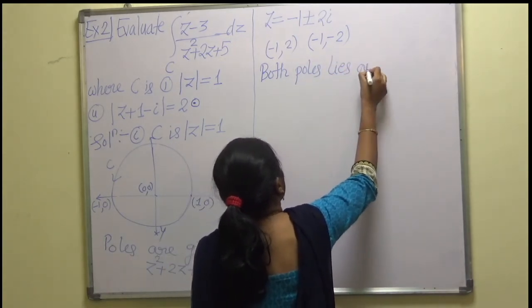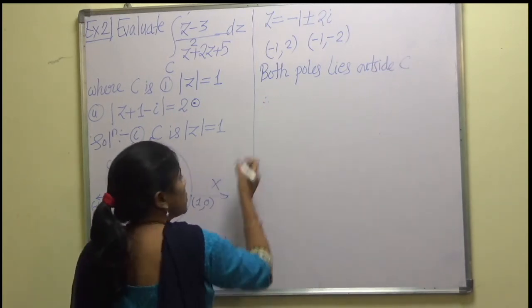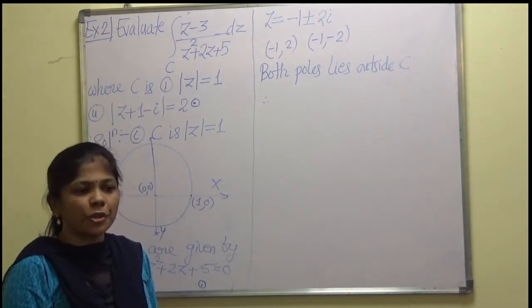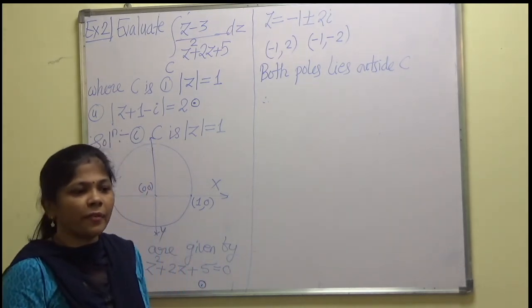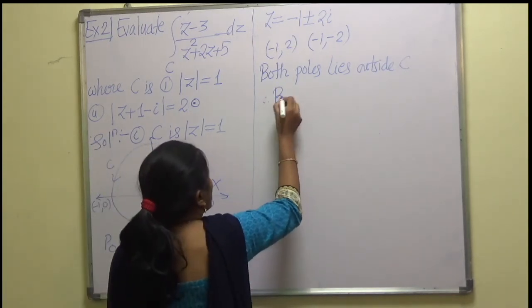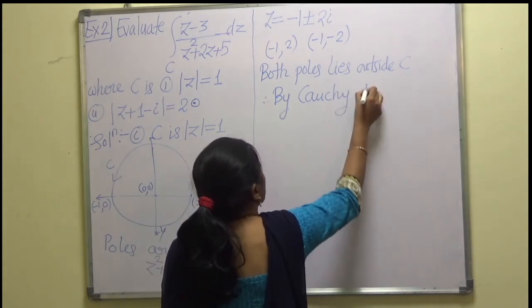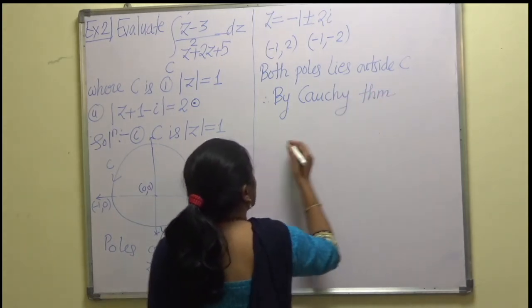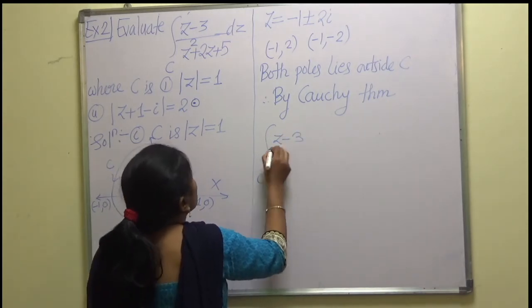Therefore, directly by Cauchy theorem, when all the poles lie outside, we will get the value of the integral as 0. Therefore, by Cauchy theorem, the integration of this function is 0.